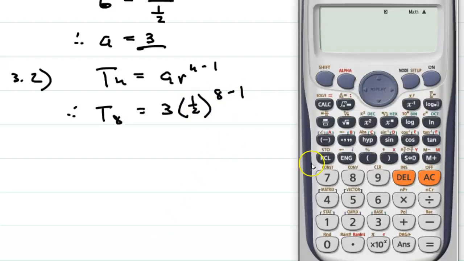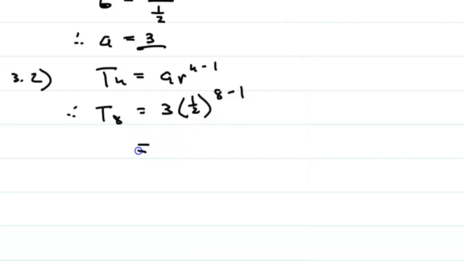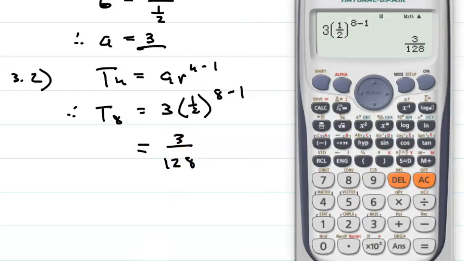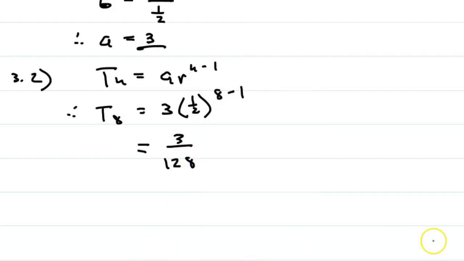Let's put that in our calculator: 3 times half to the 8 minus 1. We know it's 7, but let's just put it in as it is, which gives 3 over 128. So our answer is 3 over 128. And there you go, just double check.